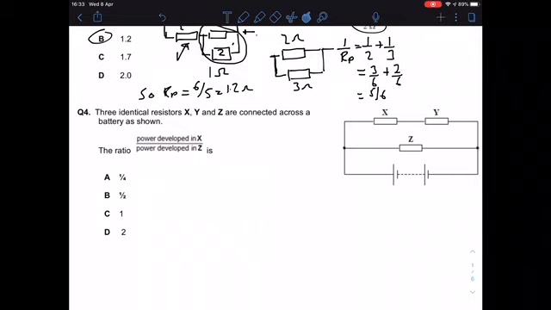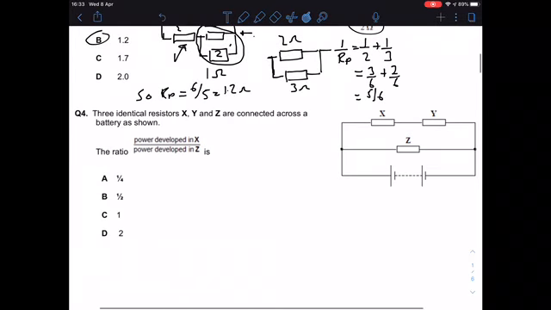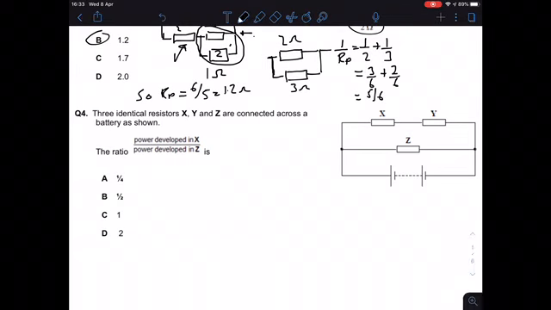Okay, well the first thing to notice in that circuit is, if we assume that the current going through Z is I. Now because X, Y and Z are all the same value resistor, that current is going through one resistor. The current going through here has to force its way through 2.